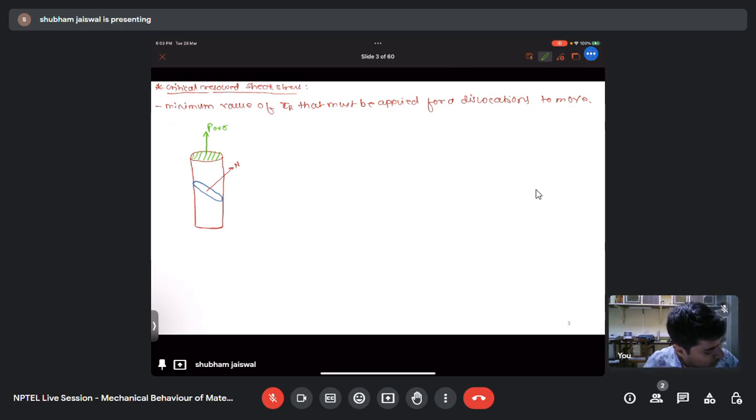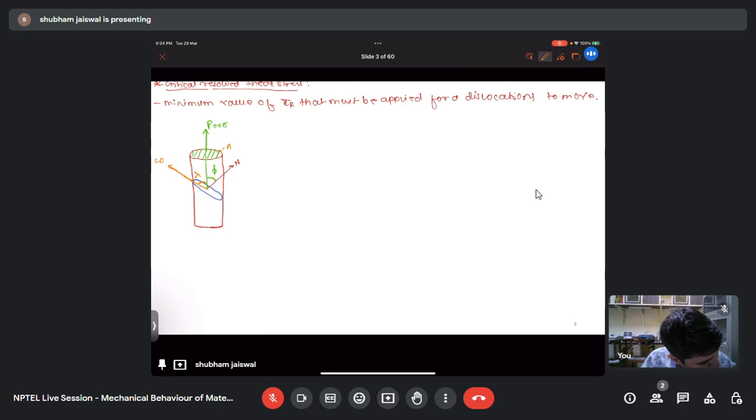The angle between the loading axis and the normal of the slip plane, let's say, is phi, and this is the slip direction, SD. The angle between the slip direction and the loading axis is lambda. Let's say this is my area A, and the area of the slip plane is A dash.